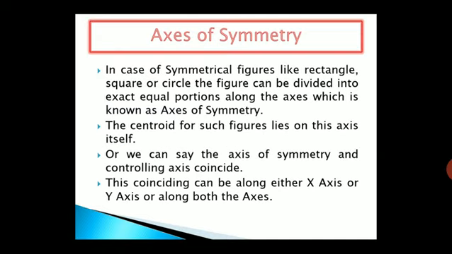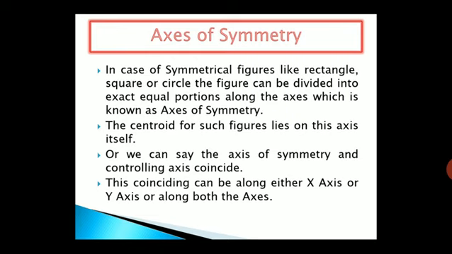So let's come to the axis of symmetry. In case of symmetrical figures like rectangle, square or circle, the figure can be divided into exactly equal portions along an axis, which is known as the axis of symmetry. This is the axis which divides the figure into exact equal parts.